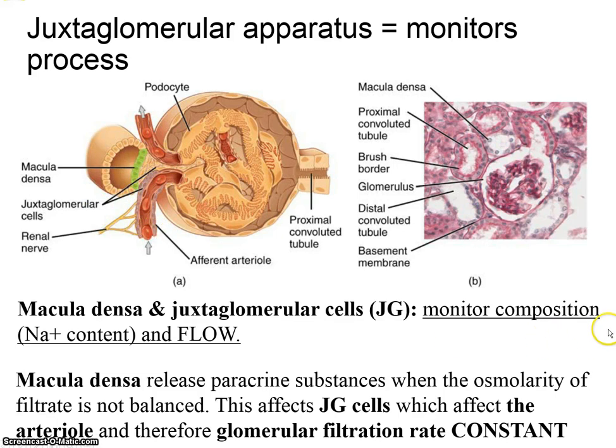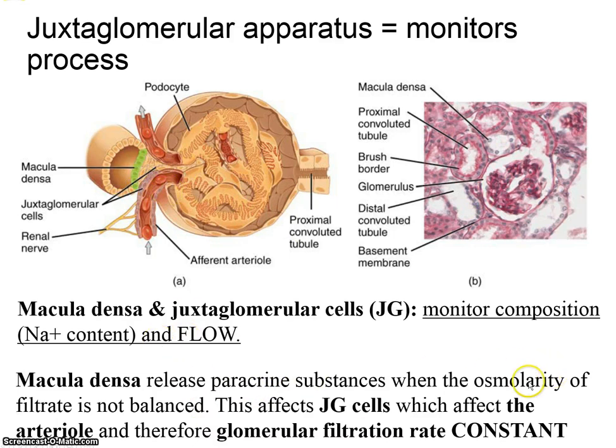So they monitor the composition and the flow, as I've mentioned already. And they do this through sodium. So some of these sensors are sensitive to a solute, and some of them are sensitive to a stretch, right? How quickly you're flowing. So macula densa over here in the distal convoluted will release paracrine substances, right? So they're going to be dumped, and they'll influence this afferent arteriole.